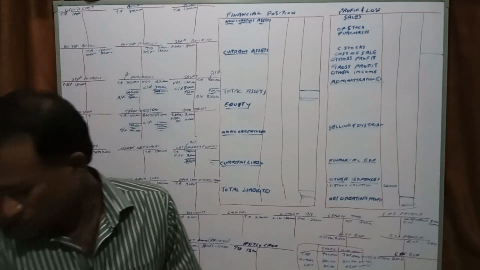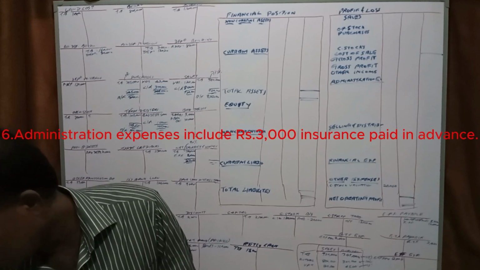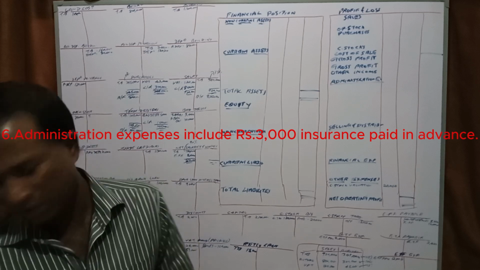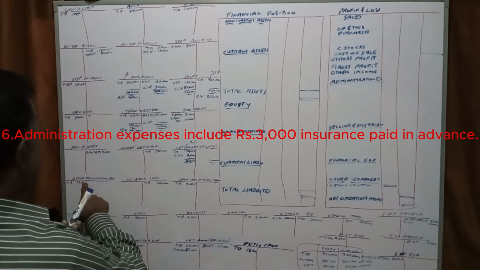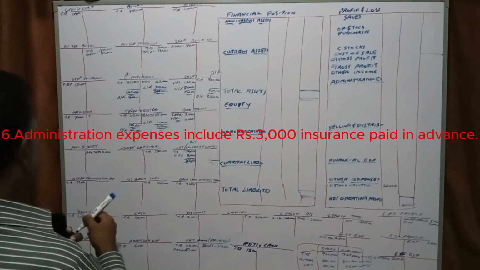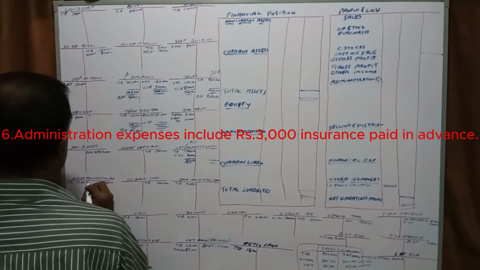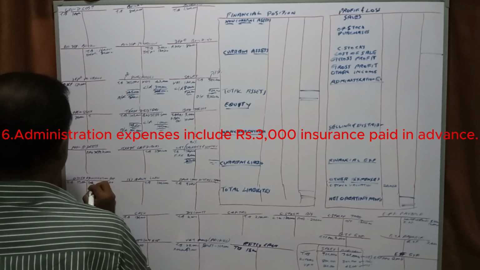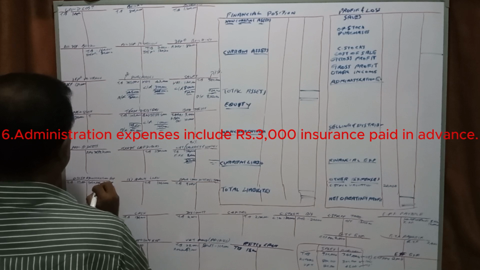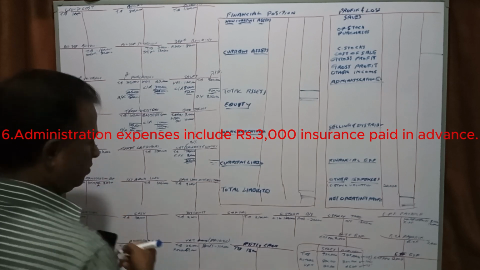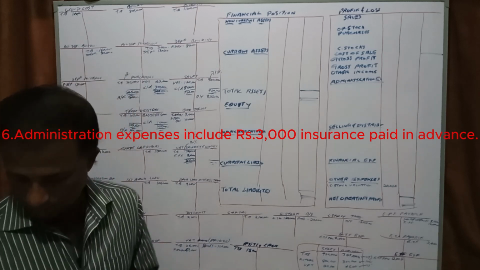Okay, understood. In the sixth adjustment, they say administration expenses include 3,000 insurance paid in advance. So other administration expenses include 3,000 of insurance prepaid. We have to transfer this to a prepaid account.